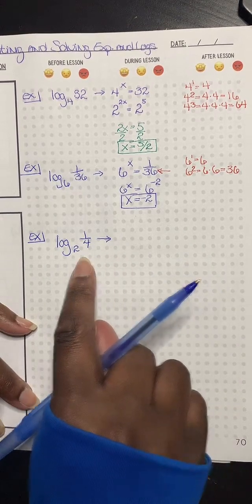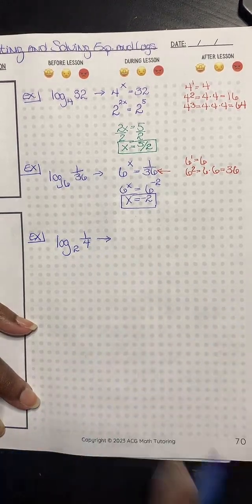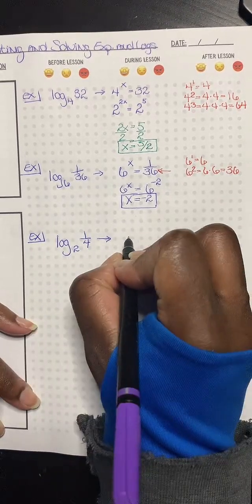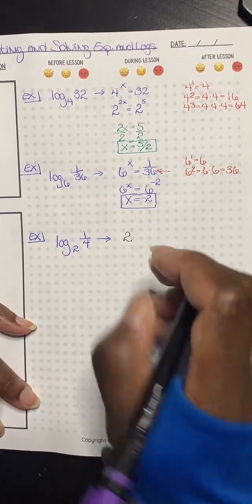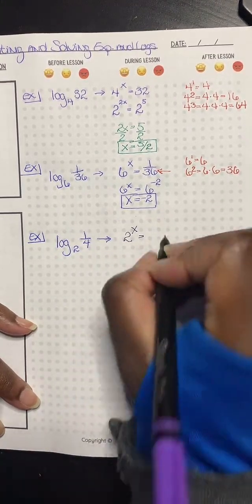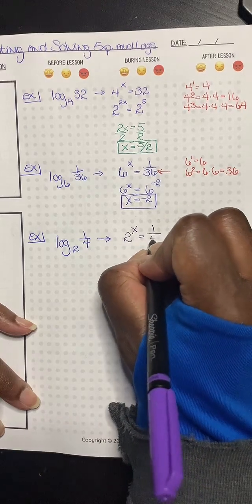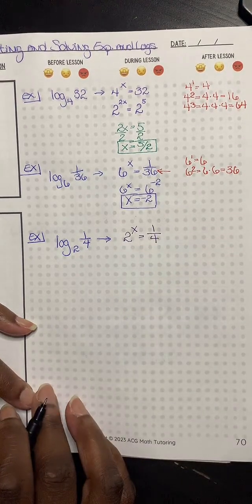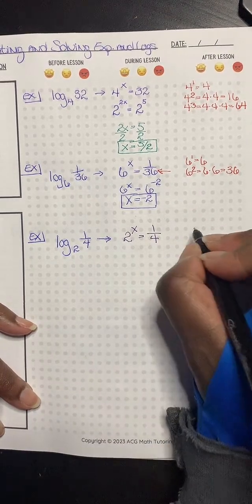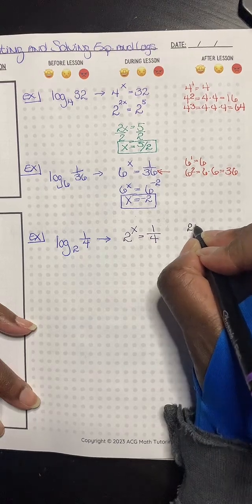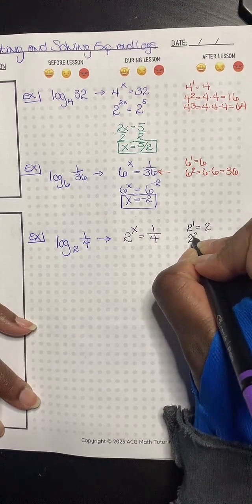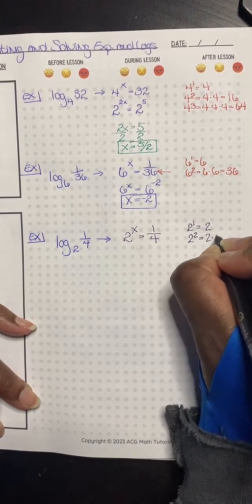Okay. So change it from a log to an exponential. When we do that, we have our base of 2. We don't know our exponent, but our result is 1/4. So I notice that denominator is 4, and I want to get a base of 2. 2 to the first power is 2. 2 to the second power, that's 2 times 2.